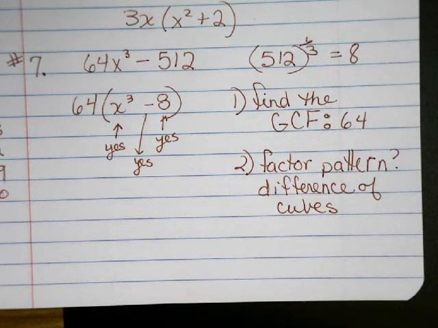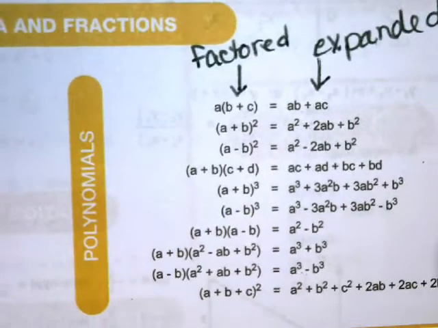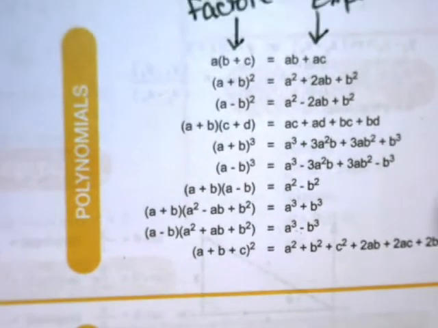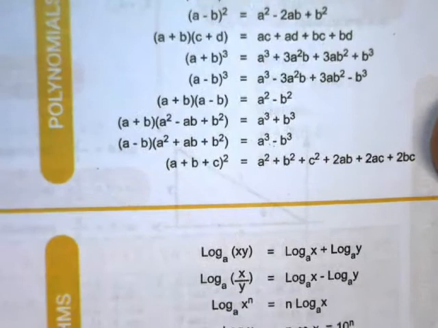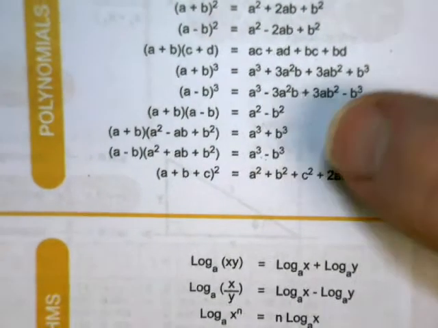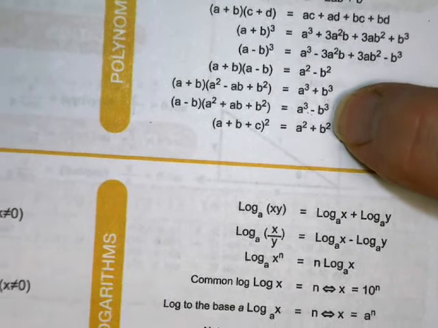Let me show you it in the back of this book. It's like Algebra 2 on steroids. It's got everything you need to be college and career ready. Okay, right there, you see that second to the last one?